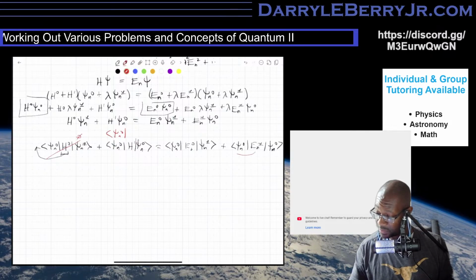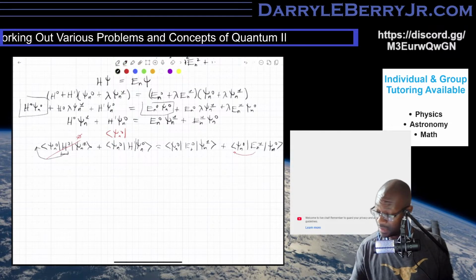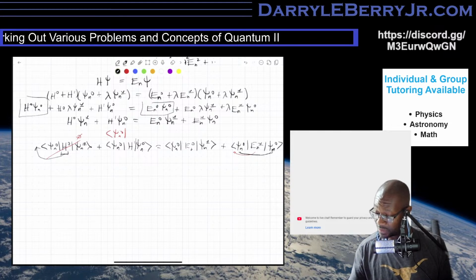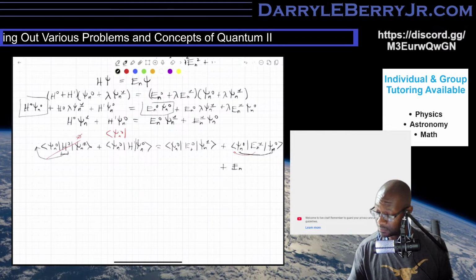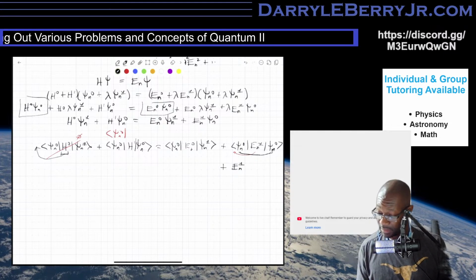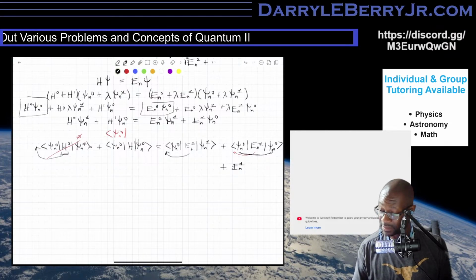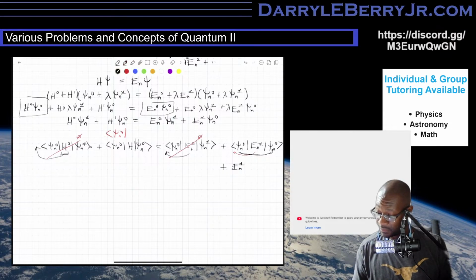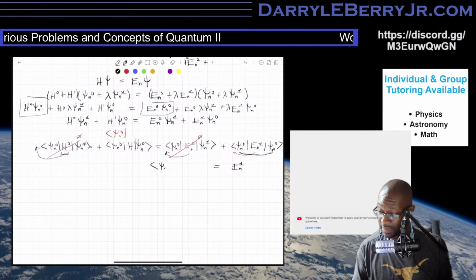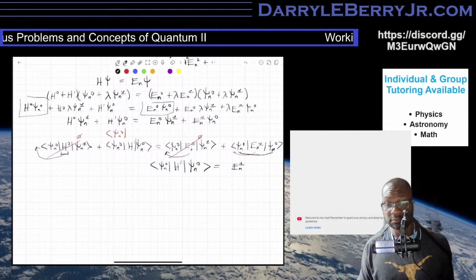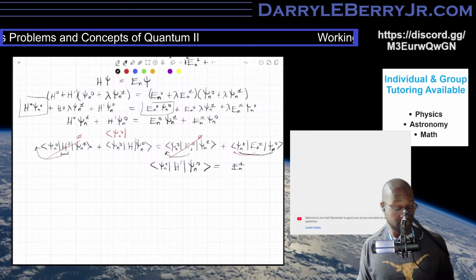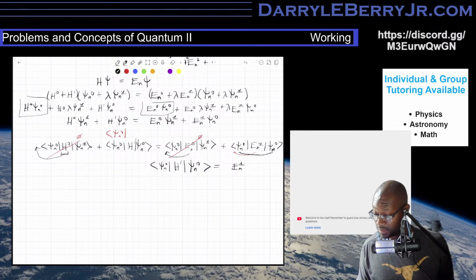This is just another number, so it comes out to the front, and these are the same, so this equals 1. And this one is just a constant, so it comes out to the front. These are not the same, so it equals 0. So we have En1 equals psi n naught H prime psi n naught. So that's easy enough.